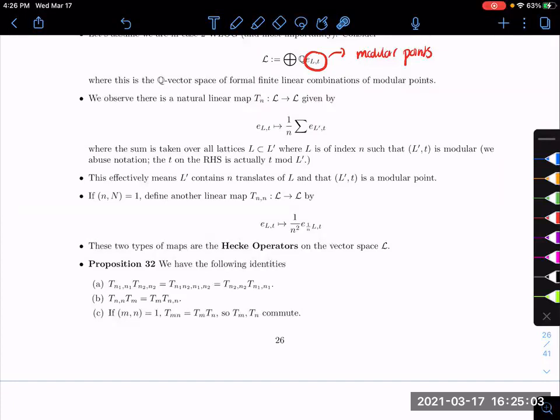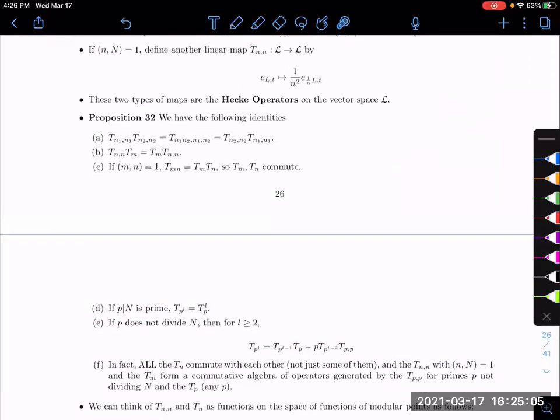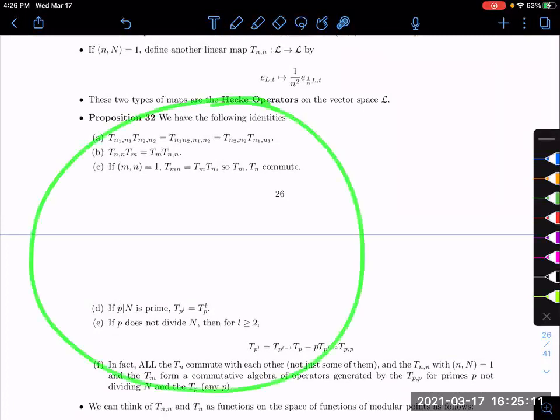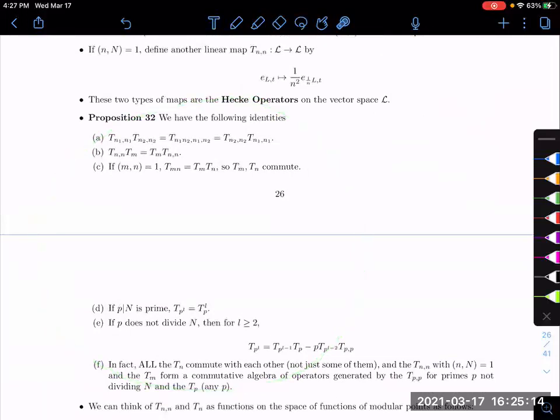Okay. In the meantime, you might ask, do they commute with each other? Do they have any nice basic properties? And you do, you get a whole bunch of basic properties. So for example, if I take T sub (n1, n1) and T sub (n2, n2) and I compose them, they actually not only commute with each other, but they also both equal T sub (n1 n2, n1 n2).